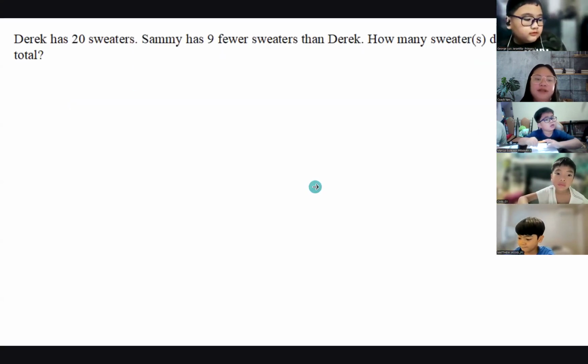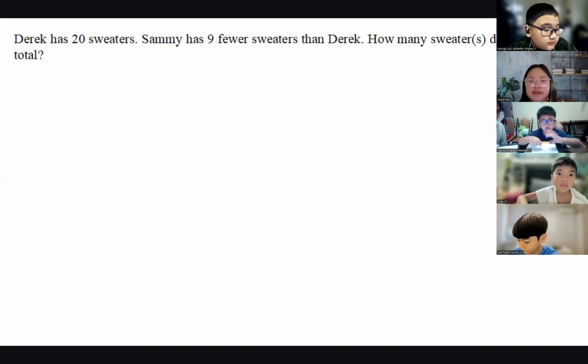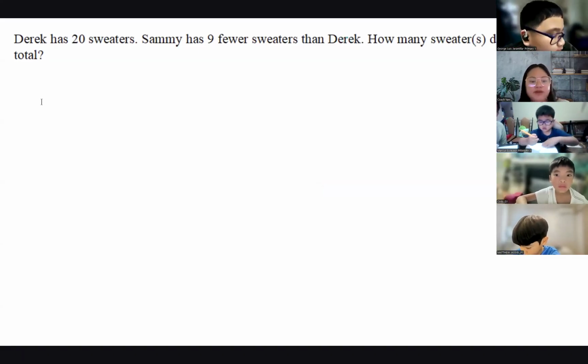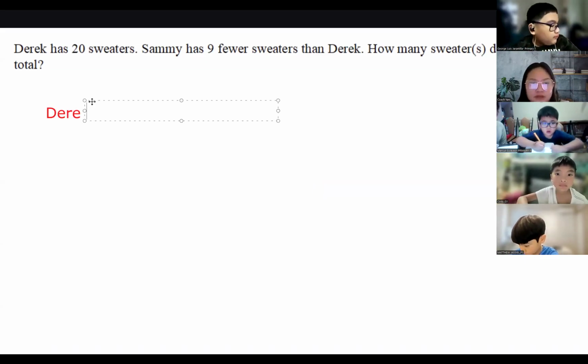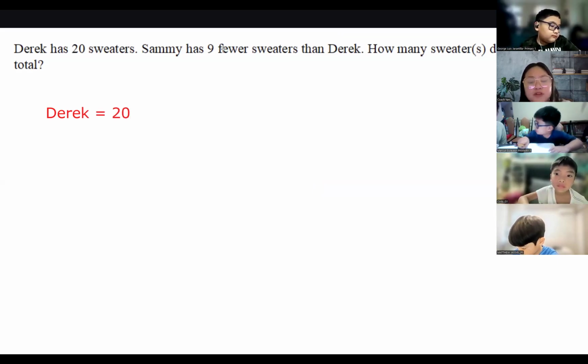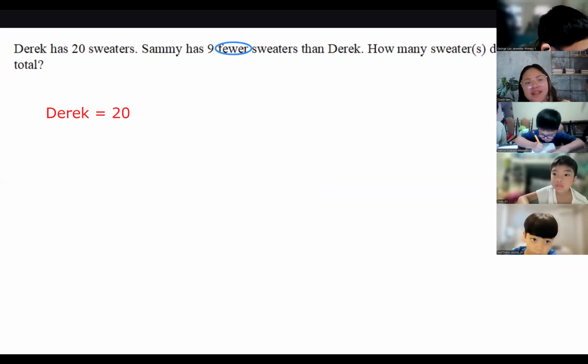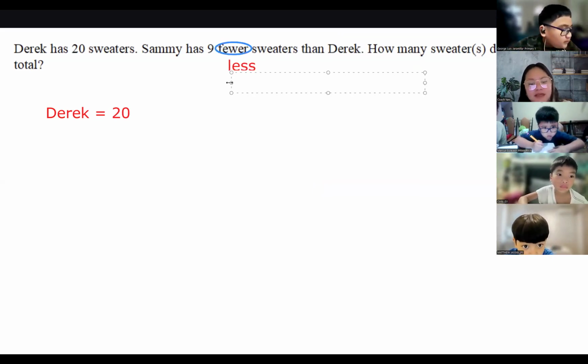Number 4, Derek has 20 sweaters. Sammy has 9 fewer sweaters than Derek. How many sweaters do they have in total? So Derek has 20. Sammy has 9 fewer, and fewer also means lesser or less. And less in math means subtraction or minus.